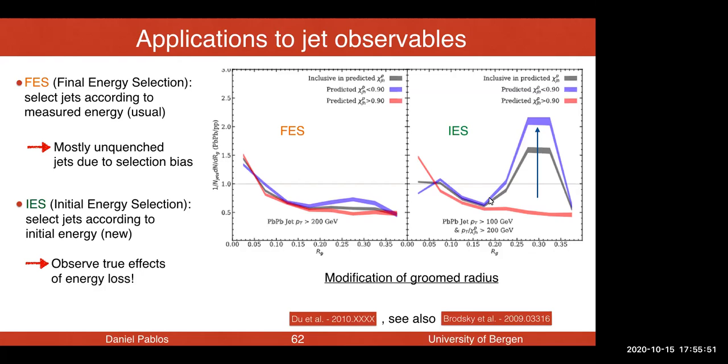And here, in this case, you do actually see it. You see that there's been an increase in the groomed radius at high values, and it is because of the medium response particles. Medium response particles, they are soft particles, but they can get clustered into a new branch that satisfies the cut and gets this huge push here.